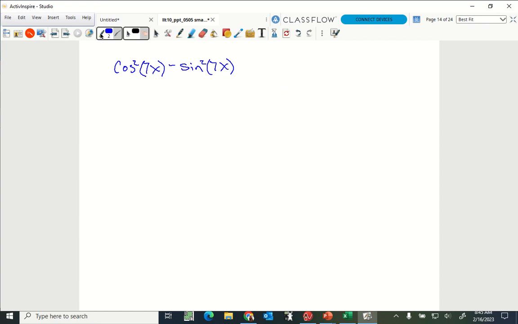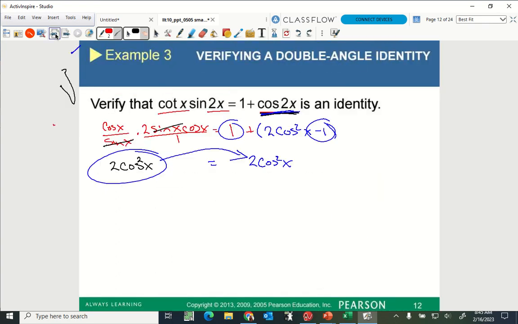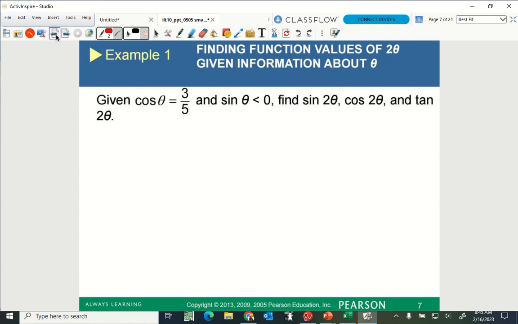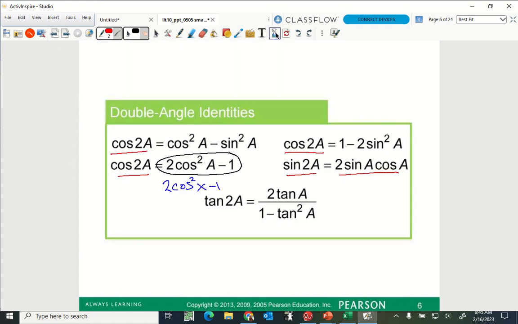Now, let's go through and find the formula that goes with this. So cosine squared minus sine squared. That's what I have right here, right?